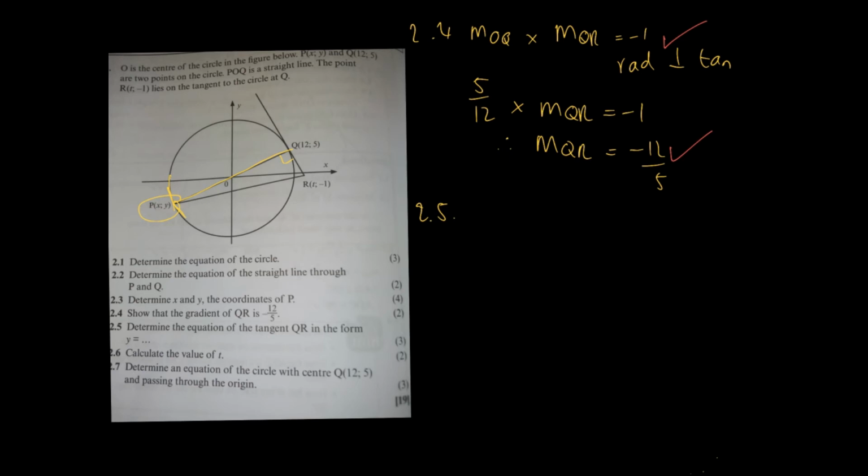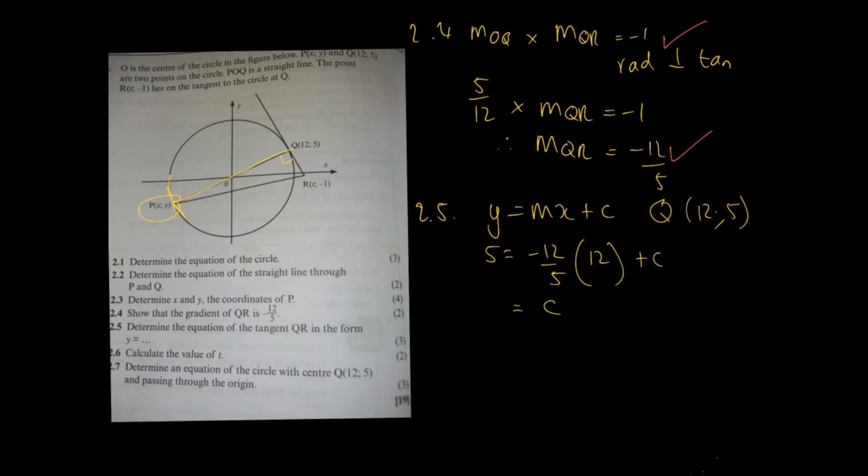Okay, so when they want the equation of a tangent, they want you to do that in the form y equals mx plus c. And we know what the gradient is from question 2.4. And we also know that we've got point Q that we can sub in for our x and our y. So that would be 12 and 5. So we would say that 5 is equal to negative 12 over 5 times x, which in this case is 12, plus c.